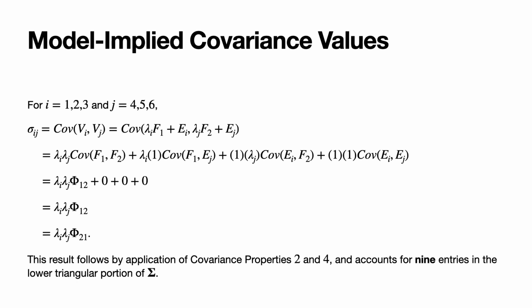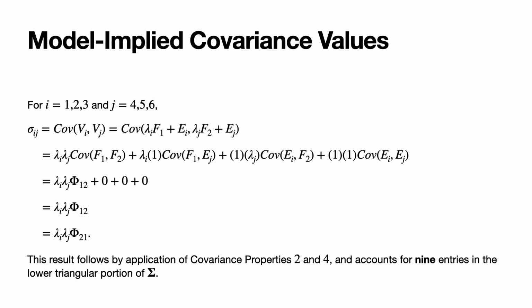This is equal to lambda sub i times lambda sub j times the covariance of f1 and f2, plus lambda sub i times 1 times the covariance of f1 and e j, plus 1 times lambda j times the covariance of e sub i and f sub 2, plus 1 times the covariance of e sub i and e sub j.